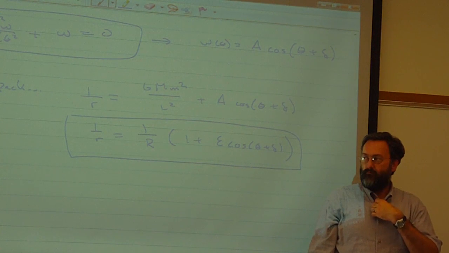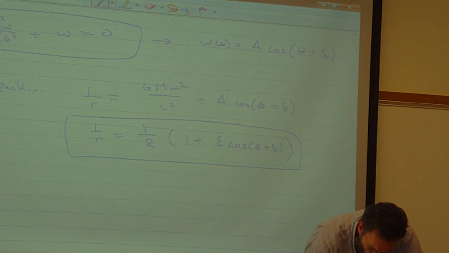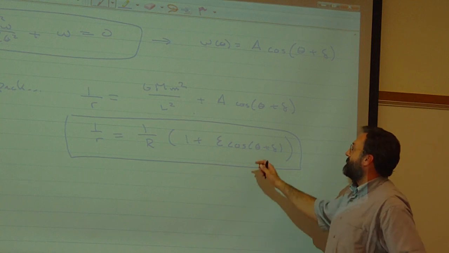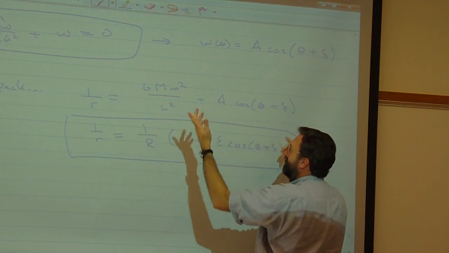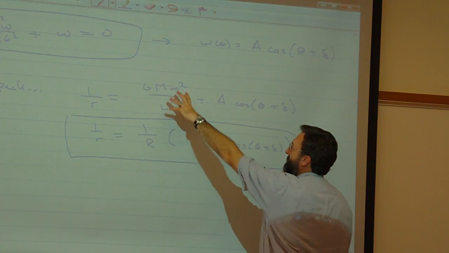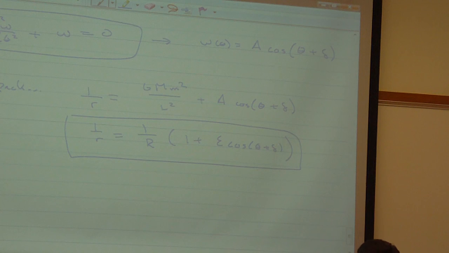Where'd you pull up the R? The big R here, well, I guess what you do is you divide by, alright, so you pull this stuff out and you make the epsilon. I'll give you the definitions, right? So big R is L squared over G M little m squared.